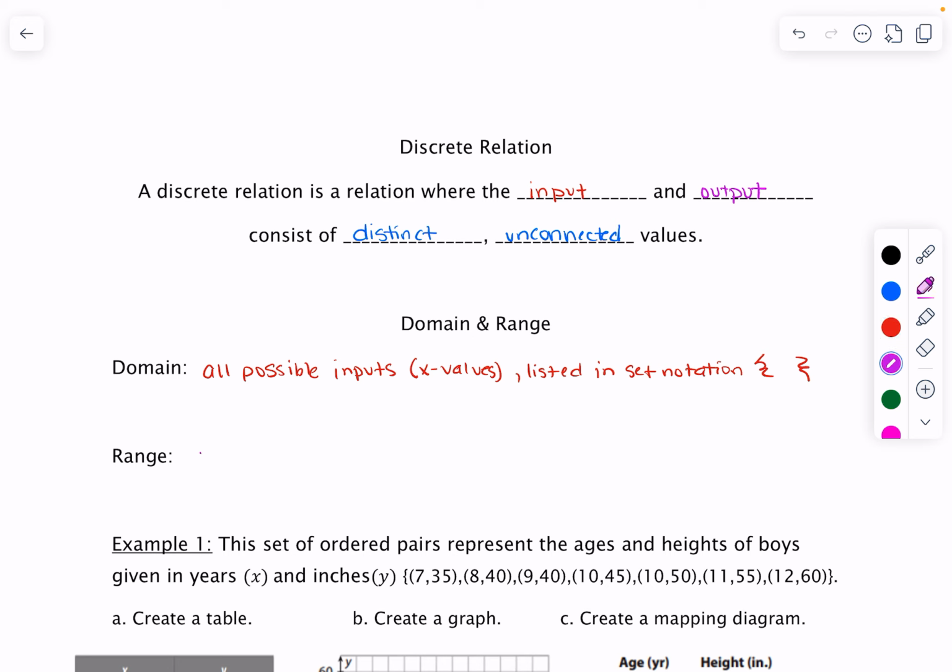And your range is all your possible output values. And those are your y values. Those are also listed in set notation.